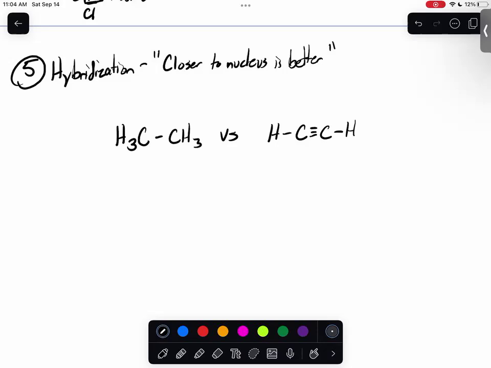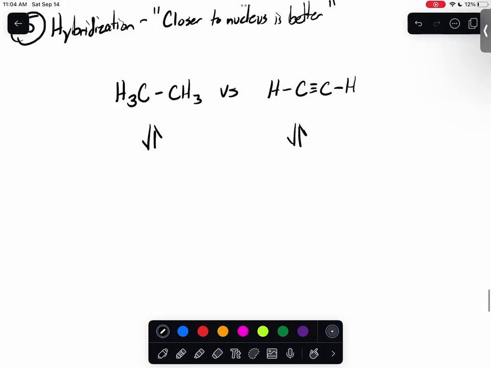Looking at these, if we were to deprotonate each of them, we have to deprotonate some carbons. So looking at what that's going to look like, we will end up with a negative charge on a carbon over here. And for this one, we'll end up with a negative charge on that carbon there. Now you already know that this has something to do with hybridization, right?